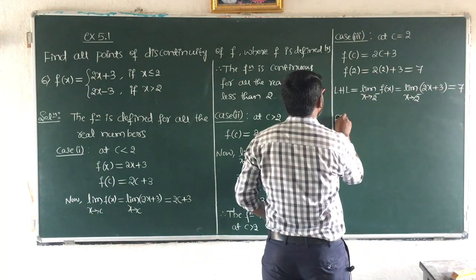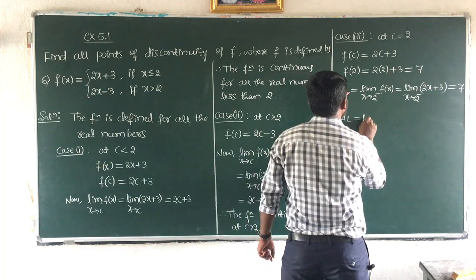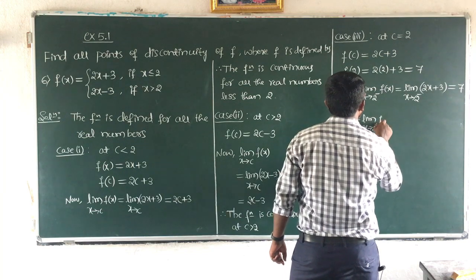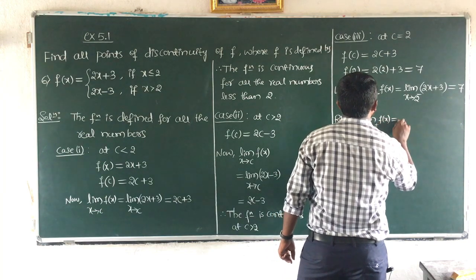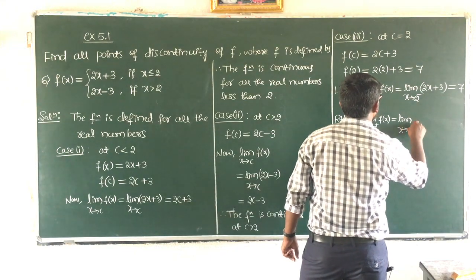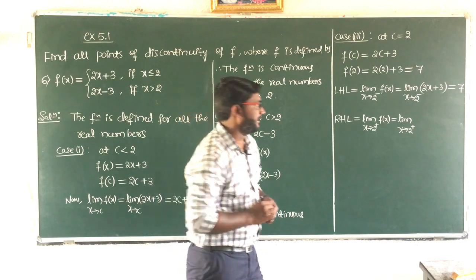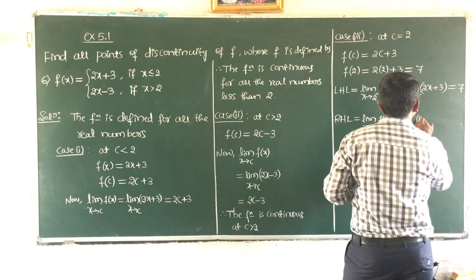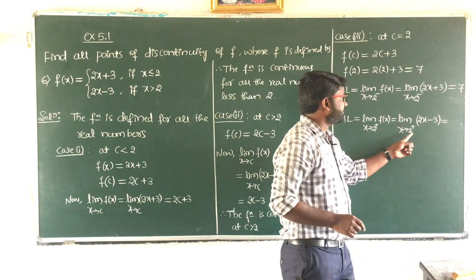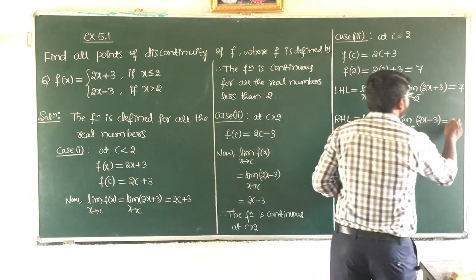So let us go for the RHL now. Limit x tends to 2 plus of f of x. x tends to 2 plus means greater than 2, and the function is 2x minus 3. Let us substitute 2 in place of x, we get 4 minus 3, it is 1.